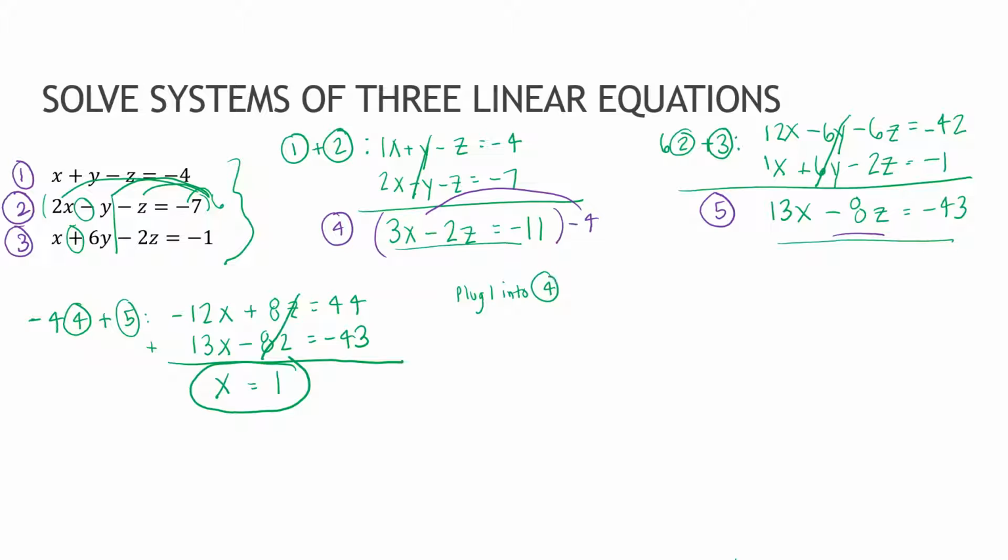It doesn't matter which one you choose. 4 or 5 would be just fine. So I'm going to take 3 times x, which is now 1, minus 2z equals negative 11. So that's 3 minus 2z is negative 11. I'm going to subtract 3 from each side, which is negative 14. I'm going to divide by negative 2. z is 7.